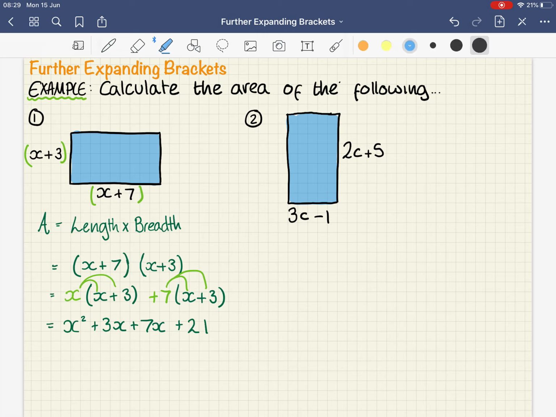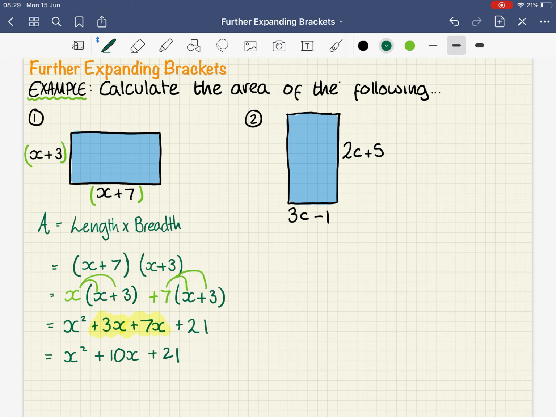And then collecting my like terms together, so I've got 3x plus 7x, well 3 plus 7 is 10, so that's going to be 10x. So my final answer is x squared plus 10x plus 21.